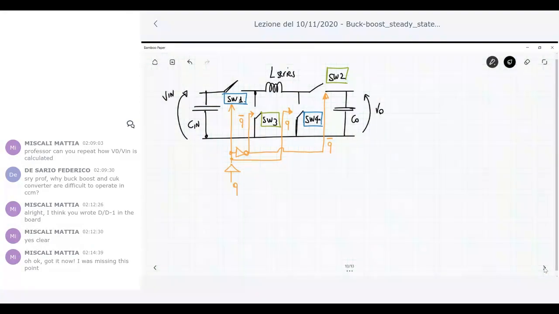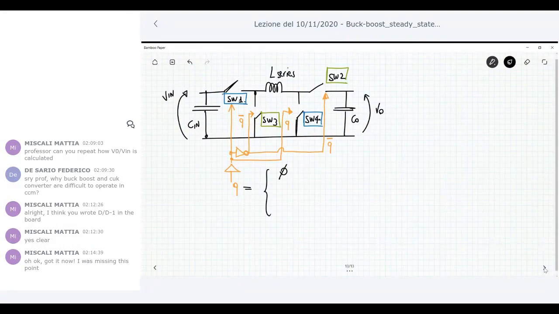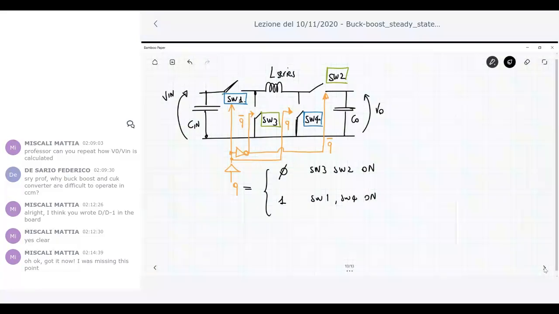So in the same way, I have the combination that leads to the non-inverting buck boost. Okay, so when Q is, let's say, 0, means that switch 3 and switch 2 are on. When it is 1, switch 1 and switch 4 are on. Okay?